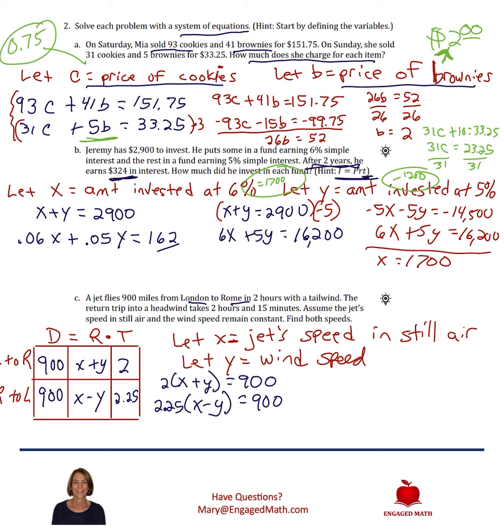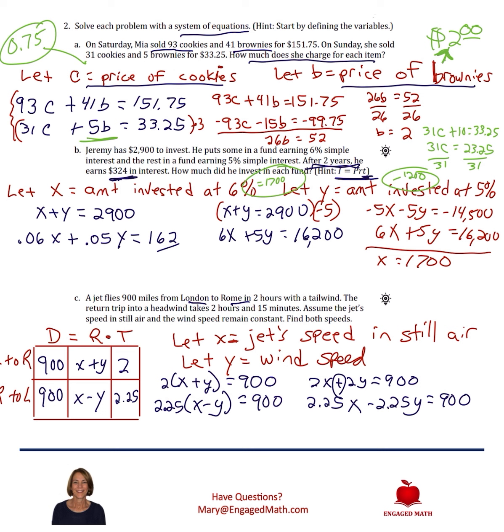Okay, now as we do this, I'm going to just distribute that. 2x plus 2y equals 900. And then 2.25x minus 2.25y is also equal to 900.